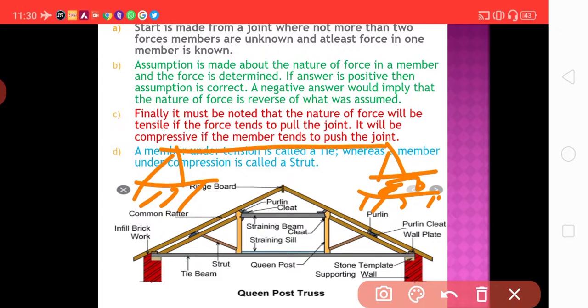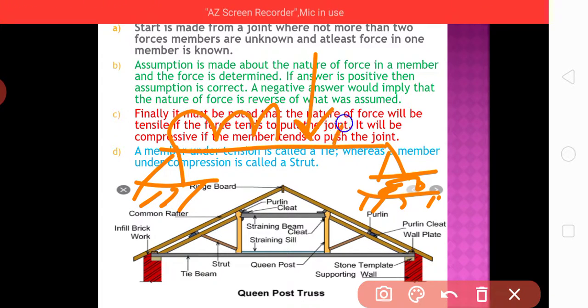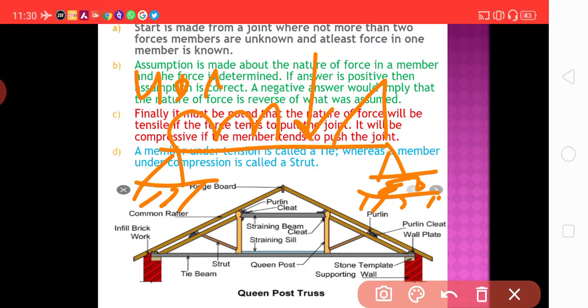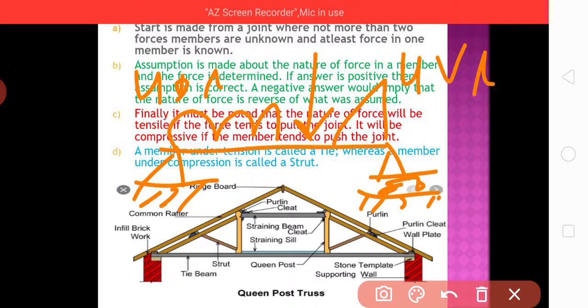Say this member is loaded like this: this is the uniformly distributed load called UDL. This is the UVL, uniformly varying load, or this is the point load. This way a beam can be loaded, but a truss is always loaded by a point load at the joints.